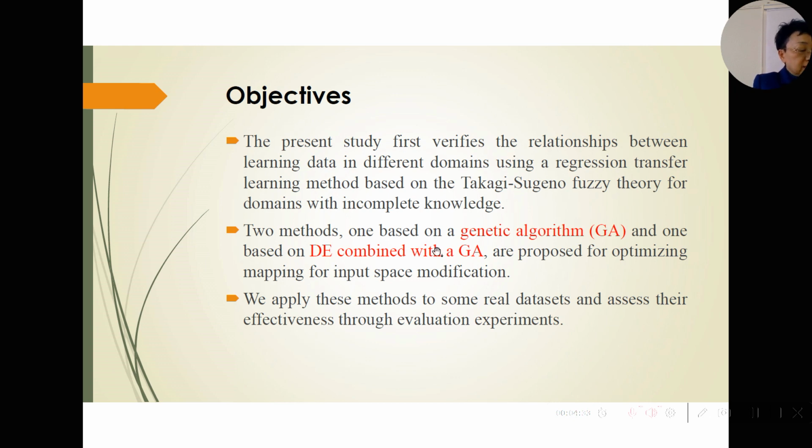Then, two methods, one based on the genetic algorithm and one based on DE combined with GA, are proposed for optimizing the mapping for input space modification. We apply these methods to some real data sets and assess their effectiveness through evaluation experiments.